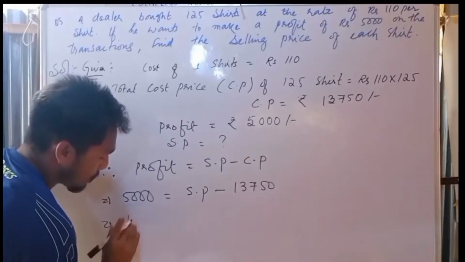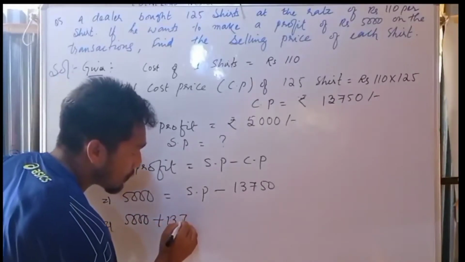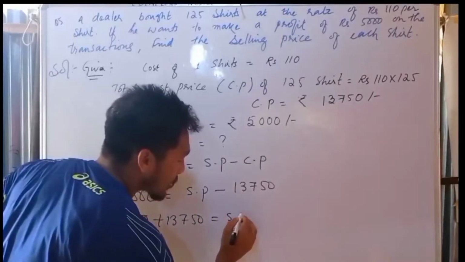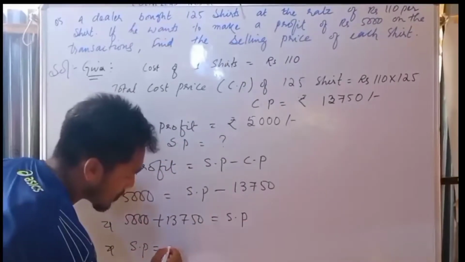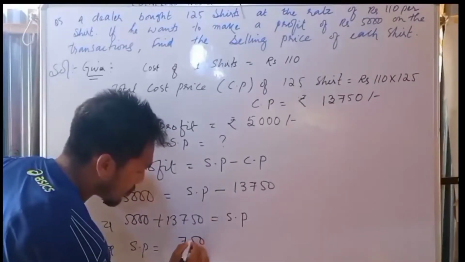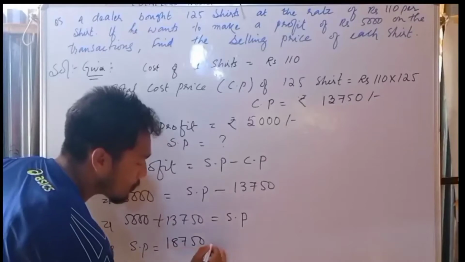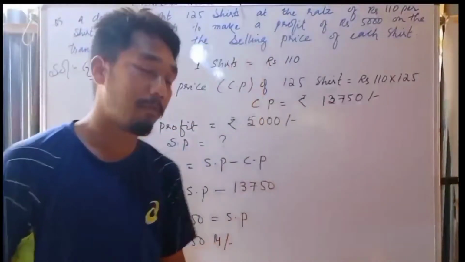So 5,000 plus 13,750 is equal to SP. So SP is equal to how much? Add up these two. 18,750 rupees is the selling price for 125 cert.